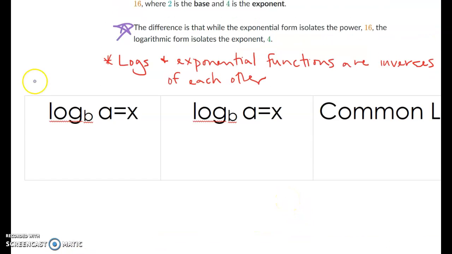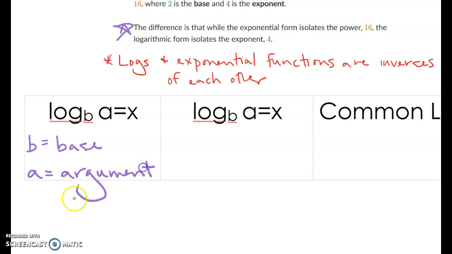But when we are looking at the form of a log, we see that we have a few things going on. We have a variable b, an a, and an x. When we think about what those are, our b is our base, our a value is our argument, and our x value, of course, is our exponent.